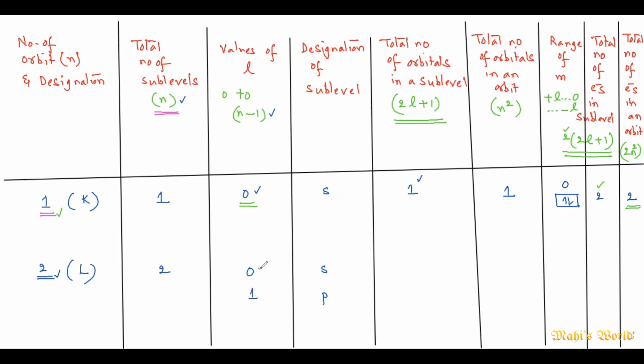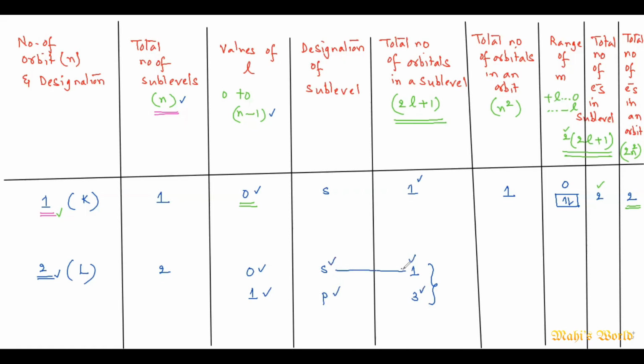Now consider these L values. 2 into 0 plus 1 is 1. Only one orbital in S sublevel. 2 into the value of L for P, which is 1, so 2 into 1 plus 1 is 3. This is the number of sublevels, and this is the number of orbitals in the sublevels.